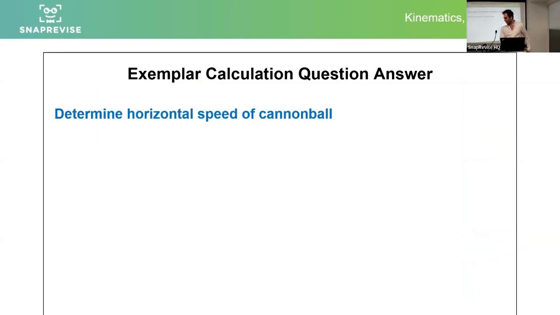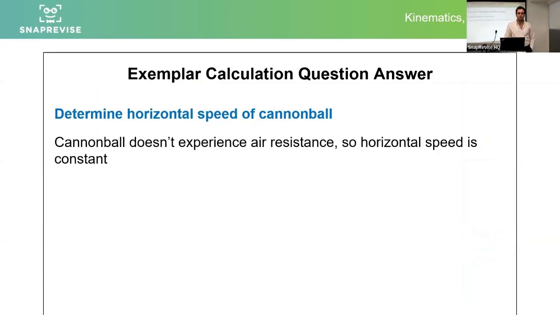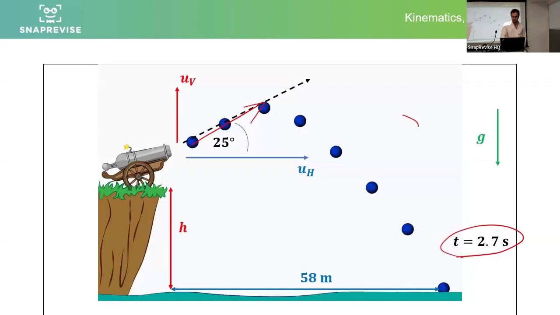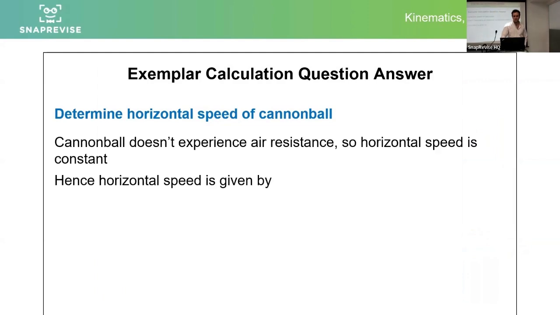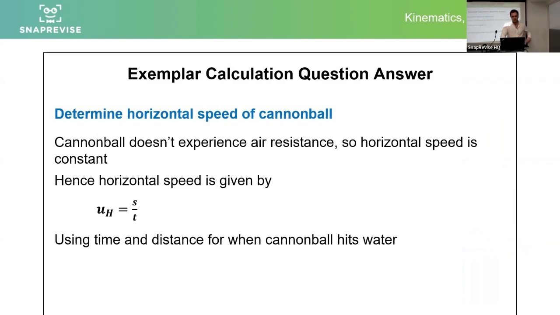Okay, so the first thing we want to do is determine the horizontal speed of the cannonball. We know the distance traveled horizontally. We know how long it takes. So actually, we can determine the horizontal speed purely by our velocity is distance over time equation.